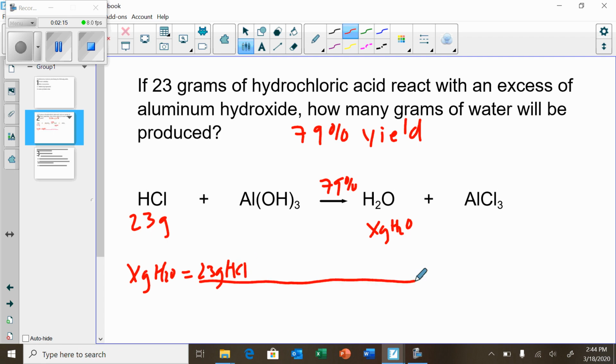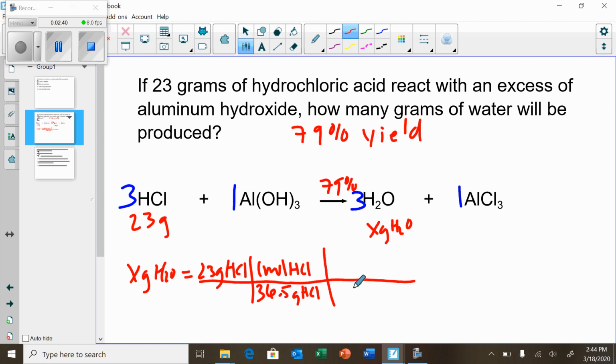I forgot to balance this equation. We might want to balance it really quickly. I'll use a different color to balance it. So I think it balances with a 3 here and a 1 here and a 3 here and a 1 here. Okay, coming back to my red, I'm going to change this guy to moles, so that's 36.5 grams of HCl in 1 mole of HCl.